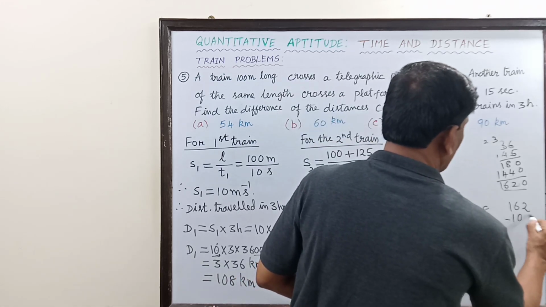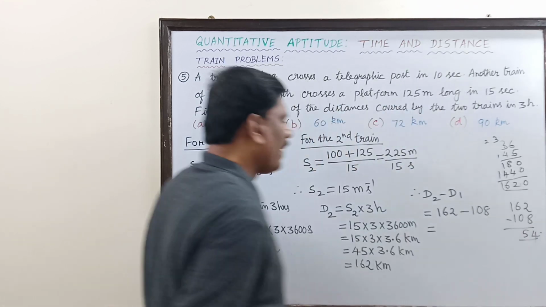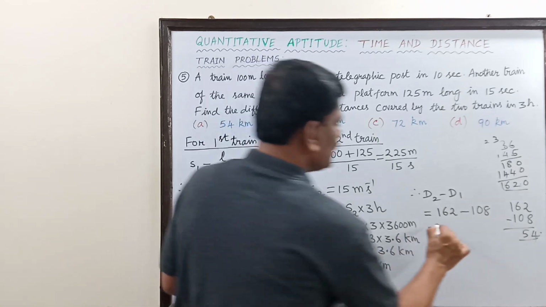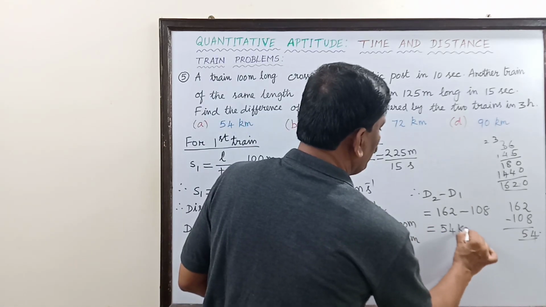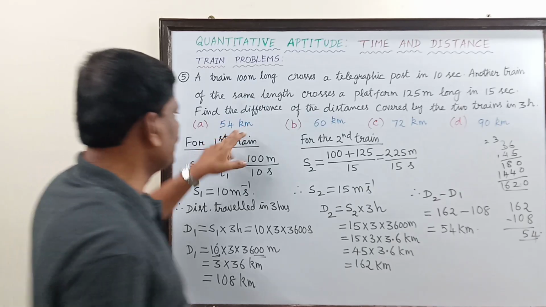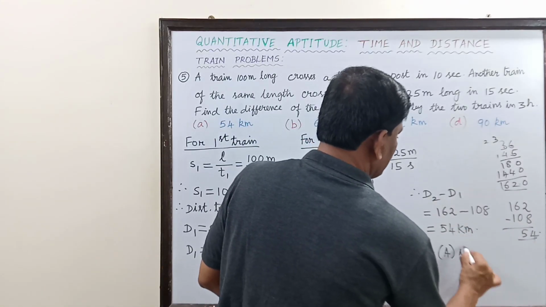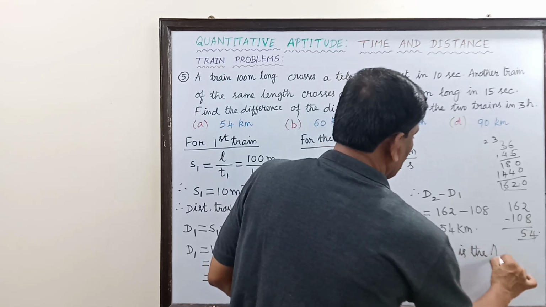So this is 54. This must be equal to 54 kilometer. So option A itself is the correct answer, is it not? So option A is the correct answer.